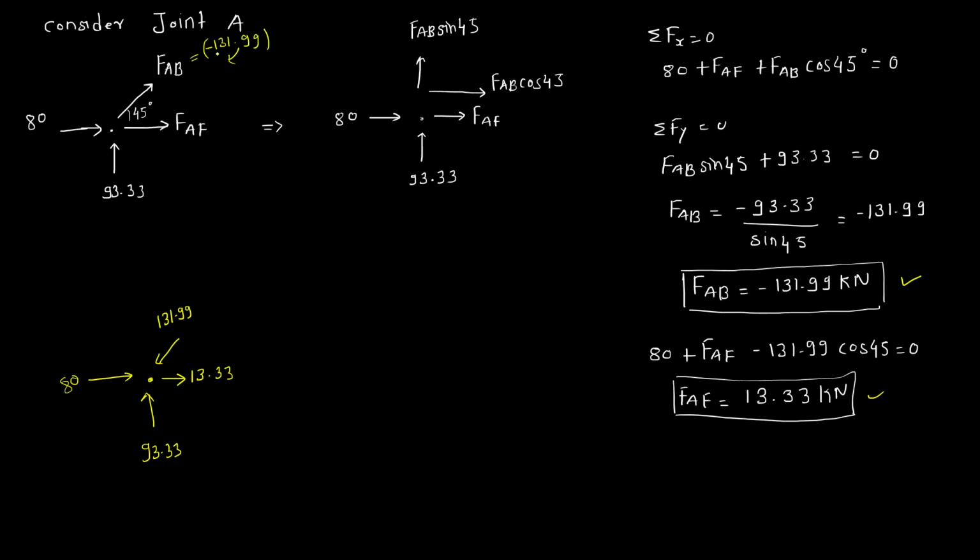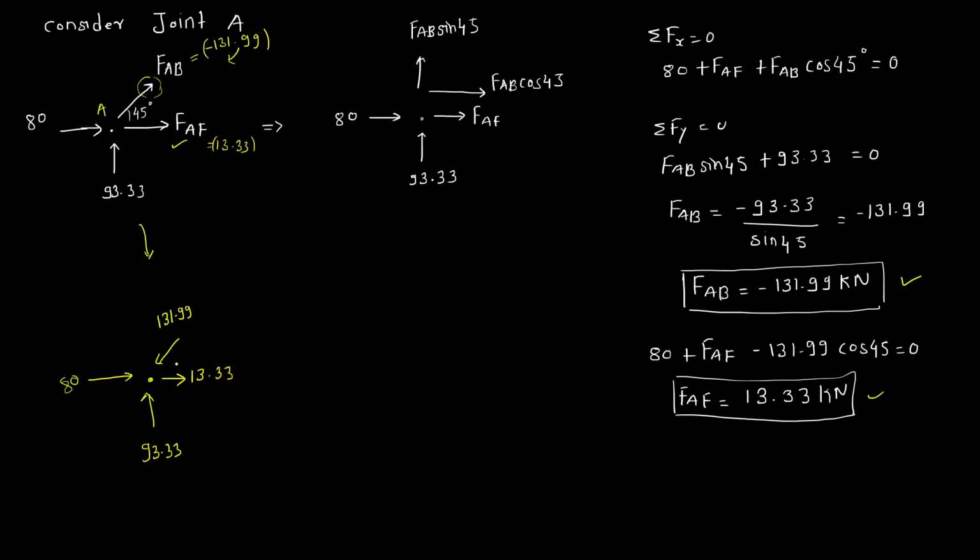That means this negative sign denotes the direction is opposite. We have assumed it away from the joint A. As it is coming negative, that means our assumption was wrong. This is in the opposite direction. What about FAF? This value is coming as 13.33 and it is positive. That means whatever direction we have assumed is correct.